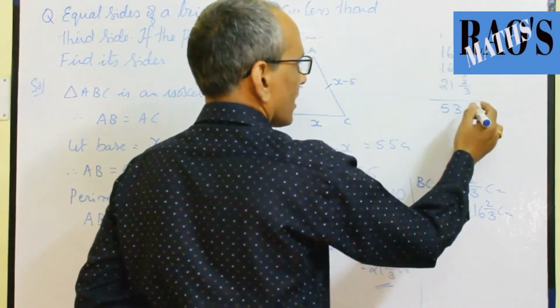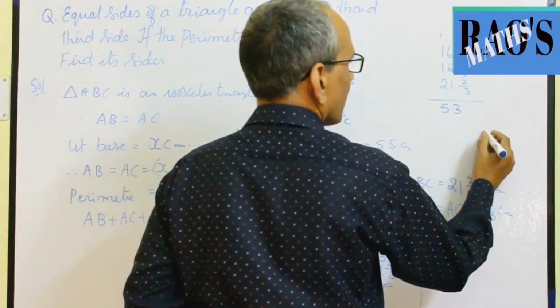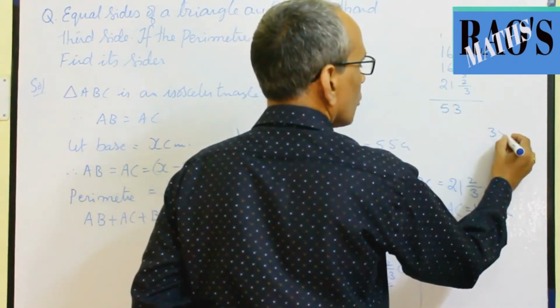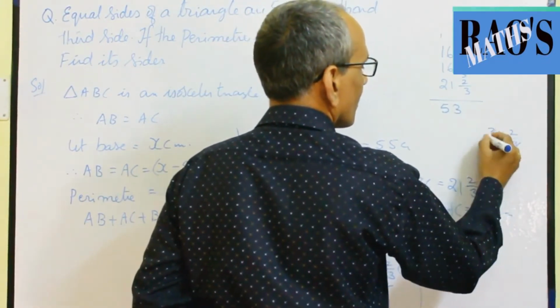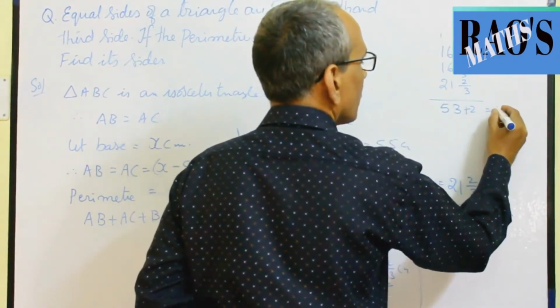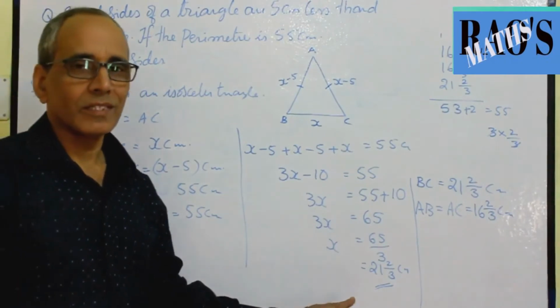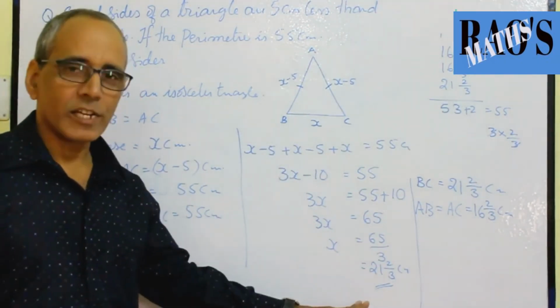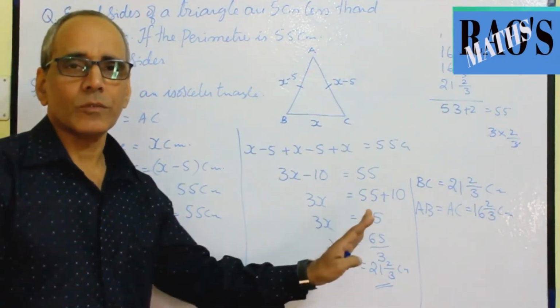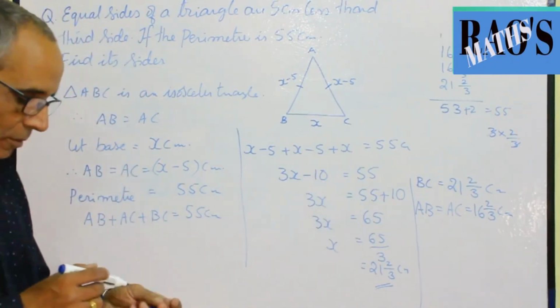The fractional part, 2 by 3 plus 2 by 3 plus 2 by 3, that means 3 into 2 by 3 is 2. We got 55. So don't worry, whenever you get the side of a triangle as a fraction, don't worry. This is one question. And one more question.